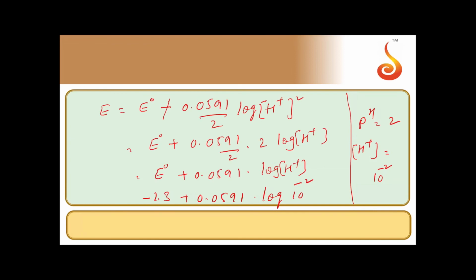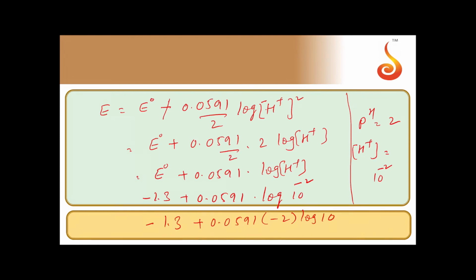Log 10 to the power minus 2 comes out as minus 2 log 10. That is minus 1.3 plus 0.0591 into minus 2 log 10.